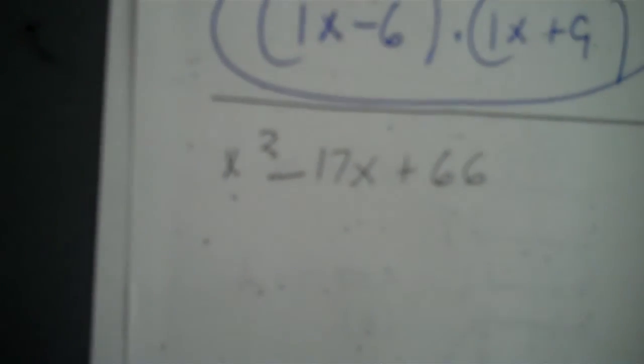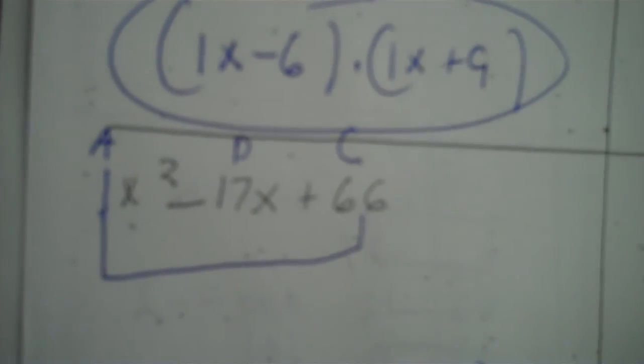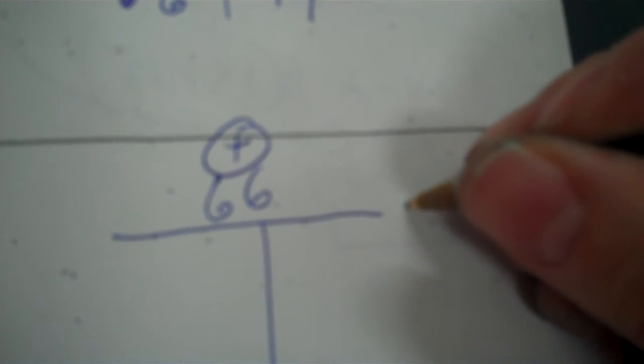Okay, x to the second power minus 17x plus 66. So you're making the two parentheses out of this, and then you go A, B, C. So 1 times 66. It's positive. Okay, so the signs are going to match this time because it's positive, so just put negative, negative.